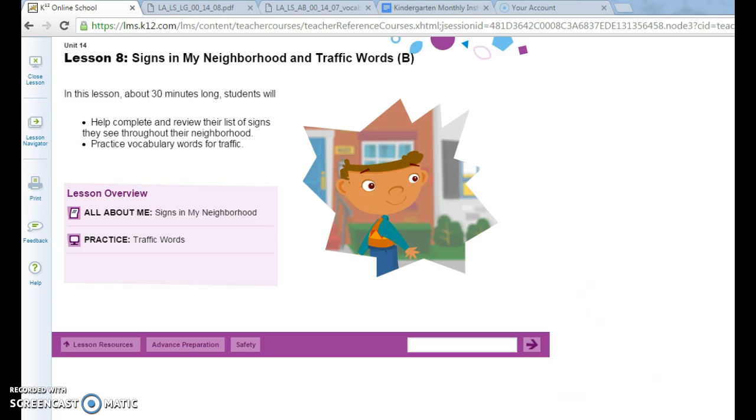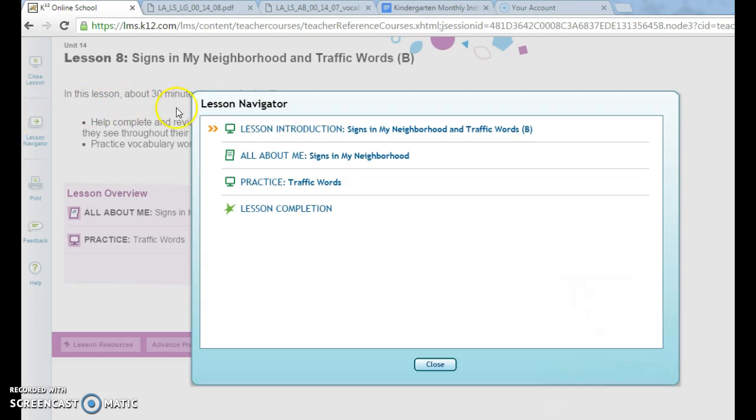Great job. So the next thing that we are going to do is complete the online portion of this lesson. So you will go into the OLS, again, it's Unit 14, Lesson 8 in Language Skills. Over here on the side, click on the Lesson Navigator. We just completed All About Me, Signs in My Neighborhood.